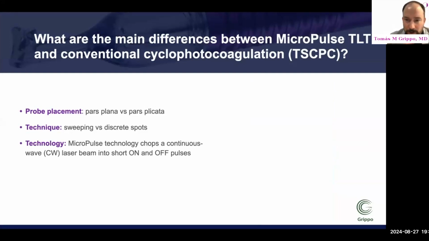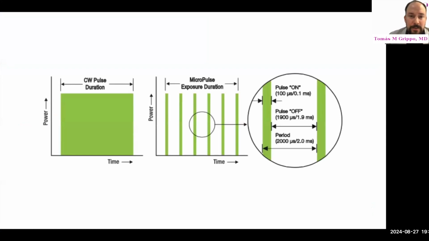So the laser is on and off throughout the procedure. The off pulses allow for dispersion of the energy and less heating, actually. And this is just a slide showing the differences that I just described between the MicroPulse mode and the continuous mode.